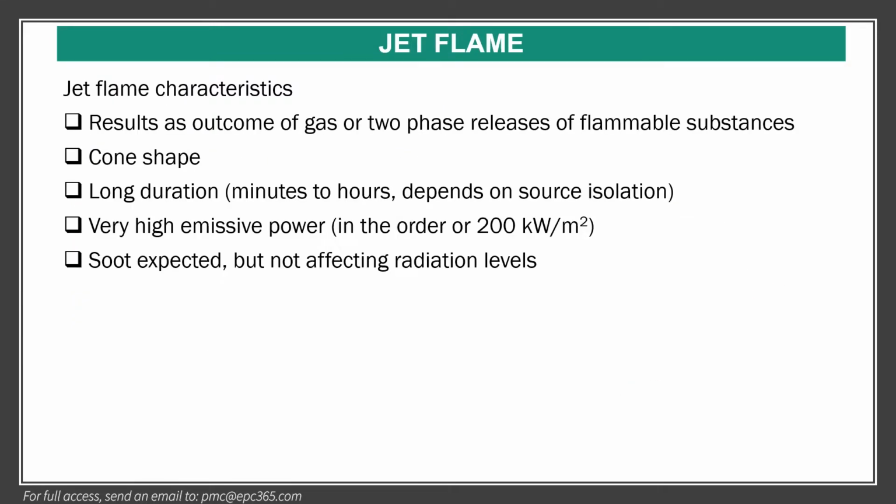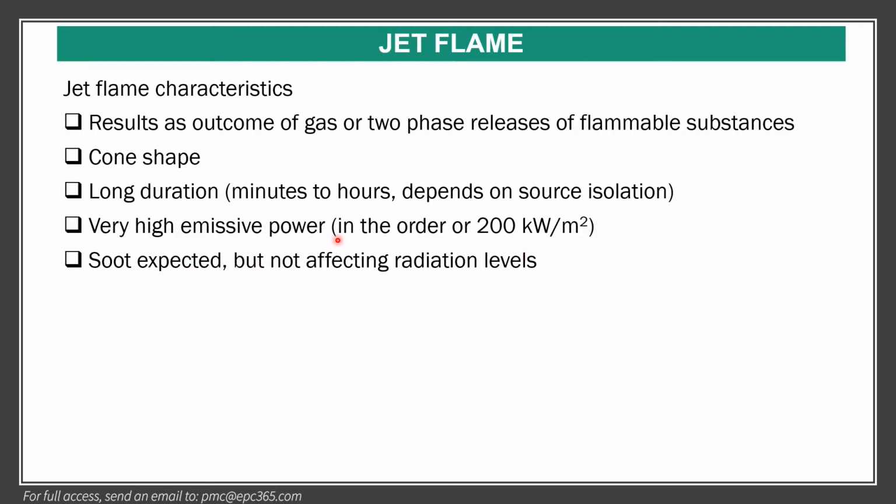So jet flame characteristic is a result of outcome of gas or two-phase release of flammable substances. It has a cone shape. Long duration normally depends on source of isolation.